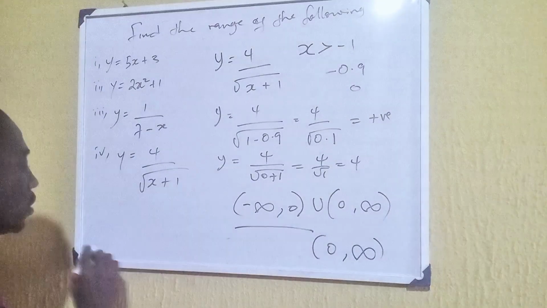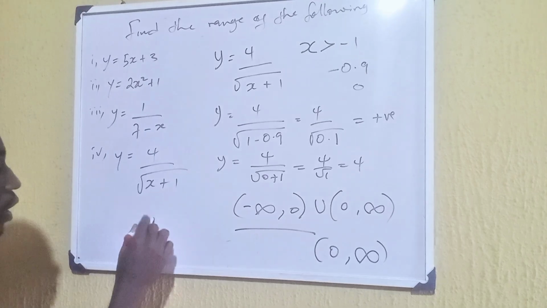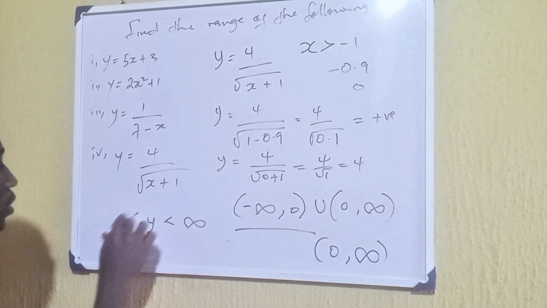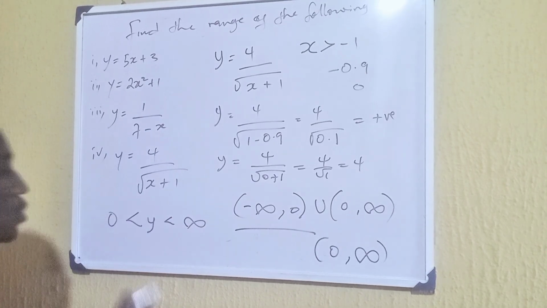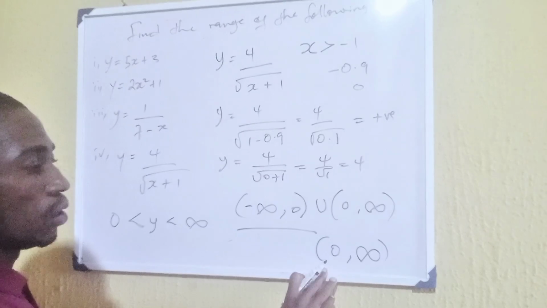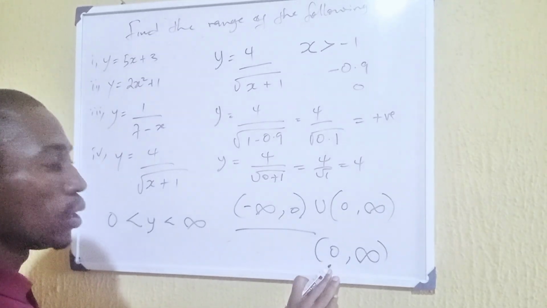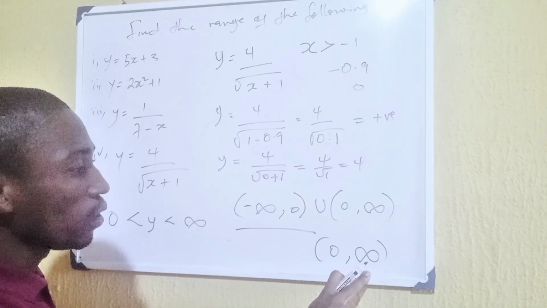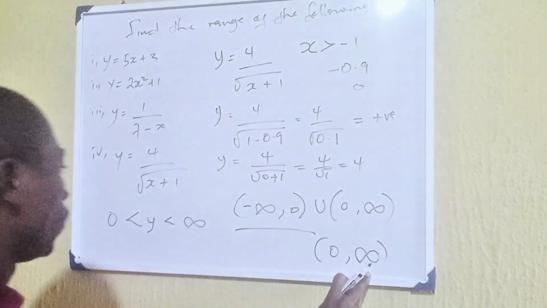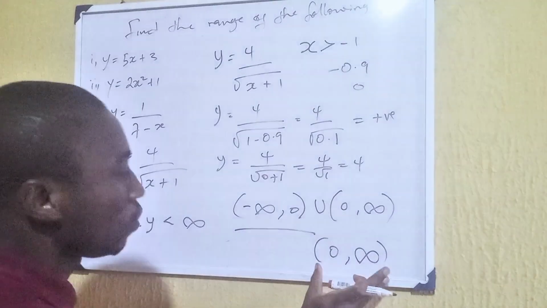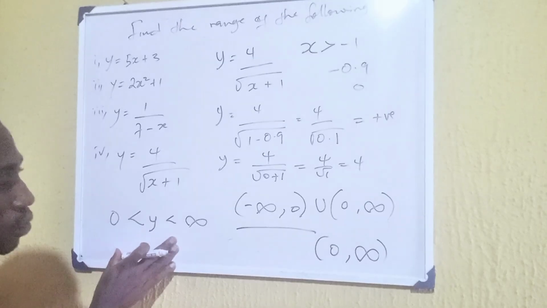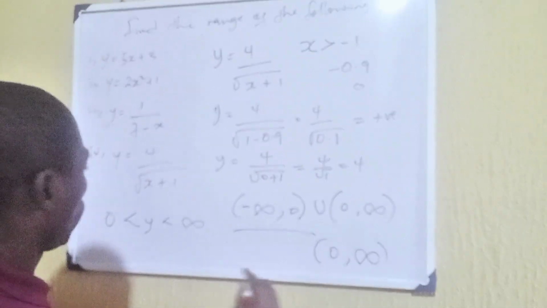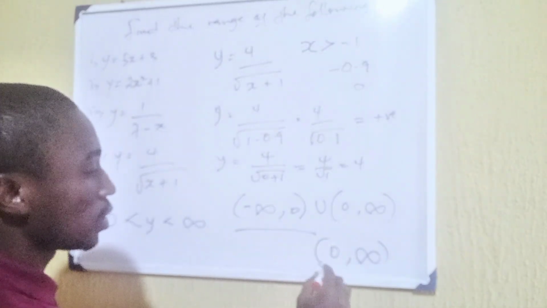So we can put it this way: y less than infinity, greater than 0. So 0 is not part of the range, it's just a boundary value. Infinity is also not part of the range, it's just a boundary value. In case you are still confused about converting this to an inequality, remember I told you this means greater than, this means less than.